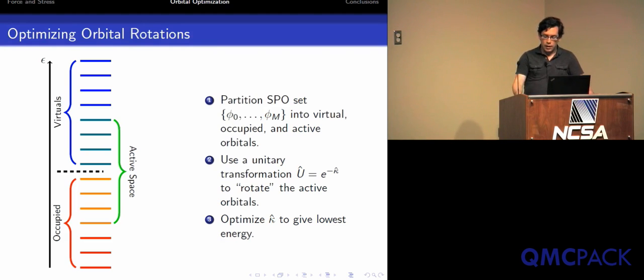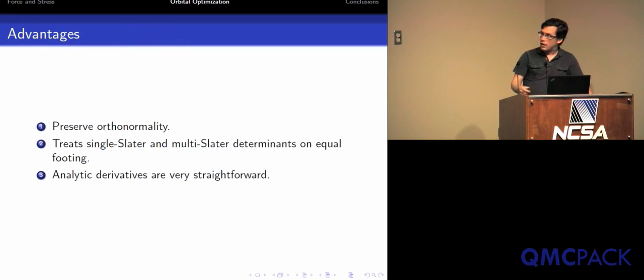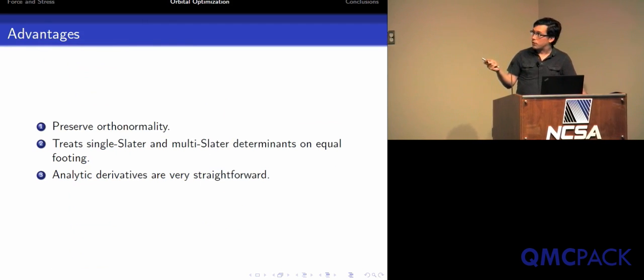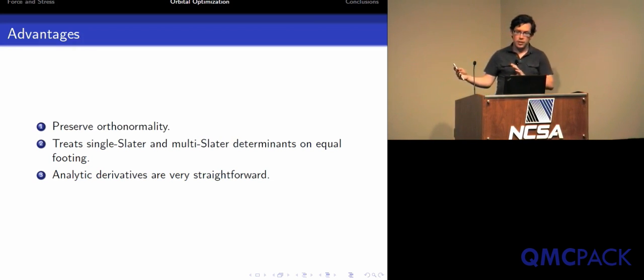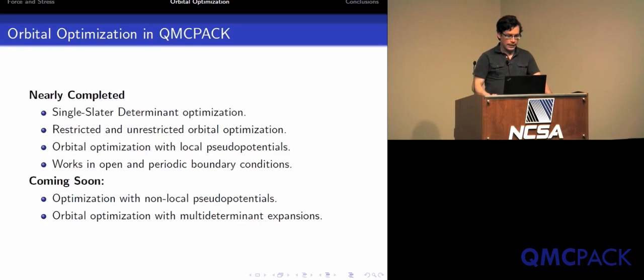This has some pretty nice advantages. You don't have to worry about messing up the orthonormality of your orbitals. It also treats the single Slater and multi-Slater determinants on the same level. Additionally, the analytic derivatives are much more straightforward than if you had a complicated orbital form or something like that.